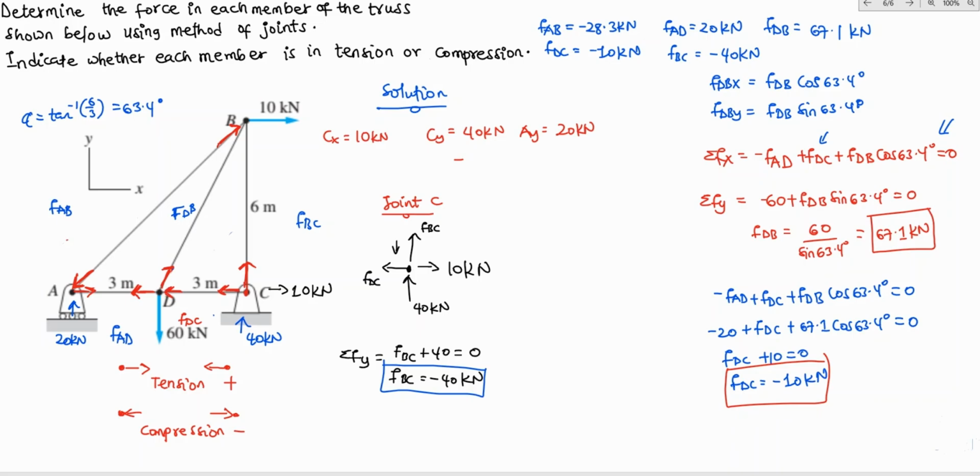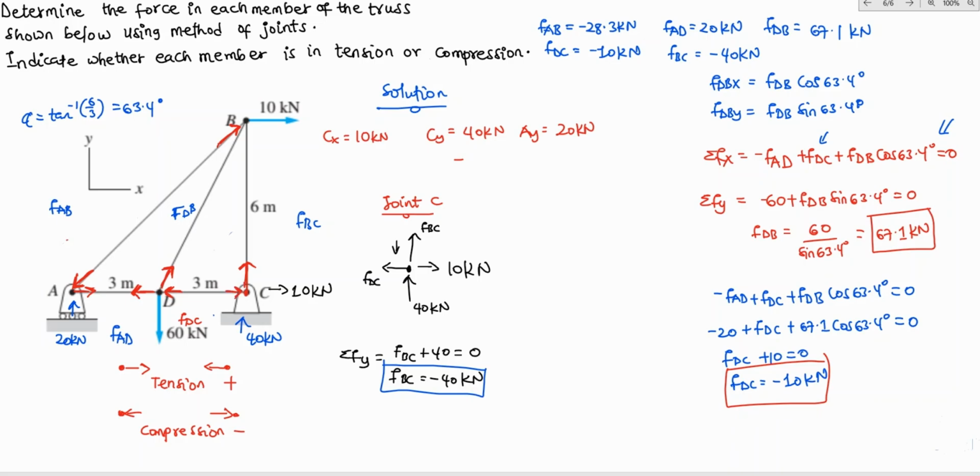And we have FAD to be 20 kilonewton, right? And then FDB was 67.1 kilonewton, which is also positive, so that means the direction we chose was correct. So at the end, we will have to reverse this direction here to this direction.